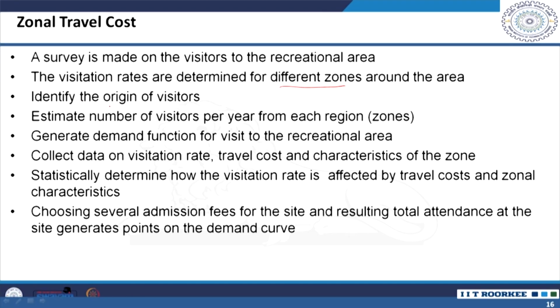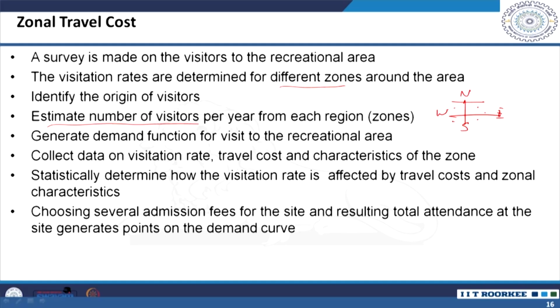Based on these identifications, we can also estimate the number of visitors per year from each zone of origin. So, let us say people are visiting this Corbett National Park only from the northern region of India, or southern region, or western or eastern regions. Based on this region analysis, we can divide the origin of visitors, and we can estimate the number of visitors per year from different zones.